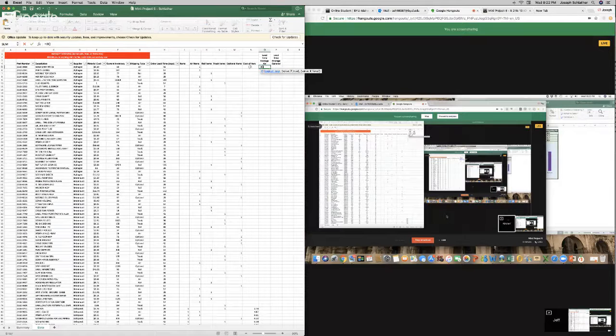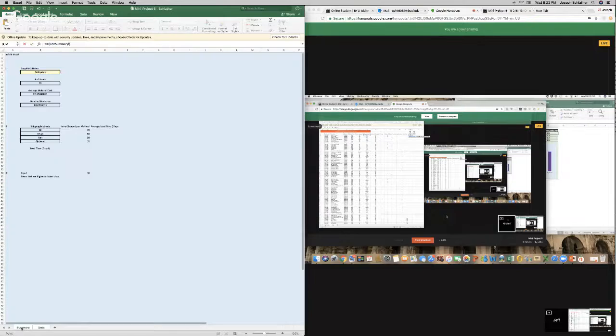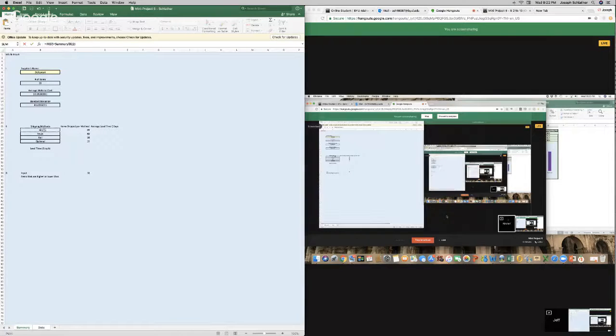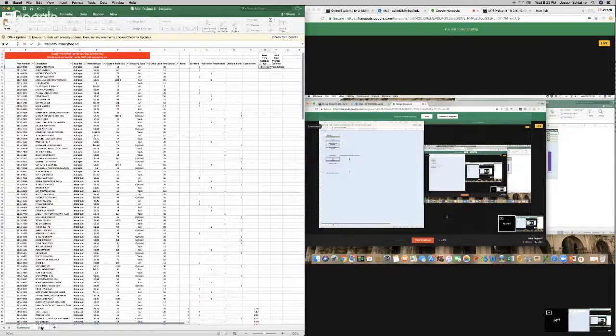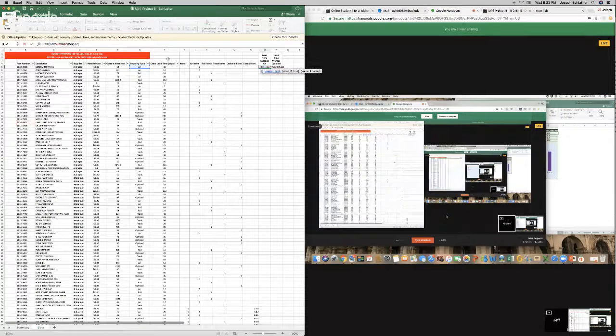Equals IF, this G5 equals that, I'm going to lock that in. Then you want the lead time, then that.